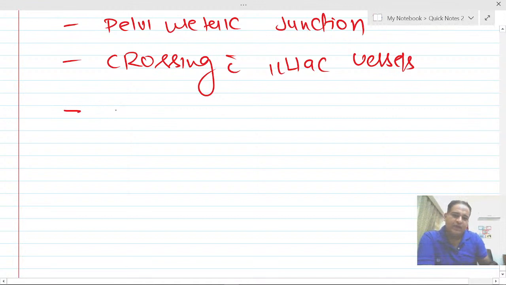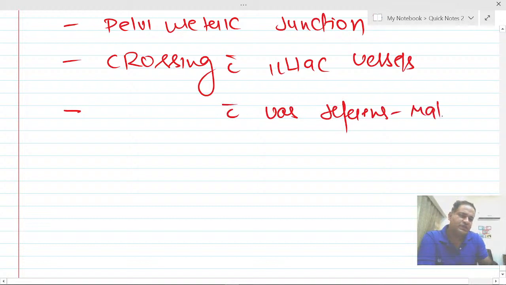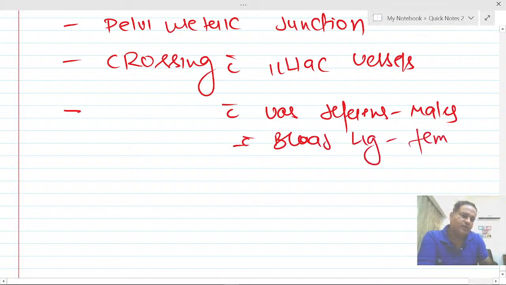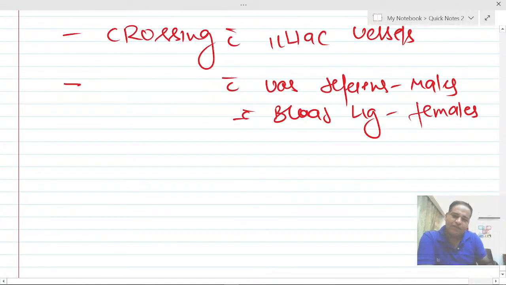Fine. Then the crossing with vas deferens in males, crossing with broad ligament in females. Fine.